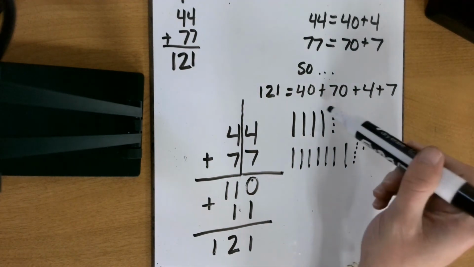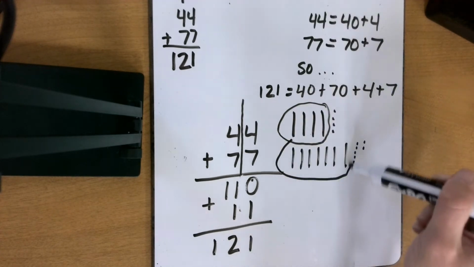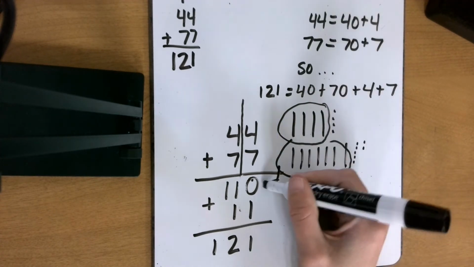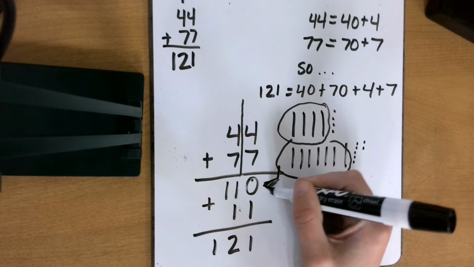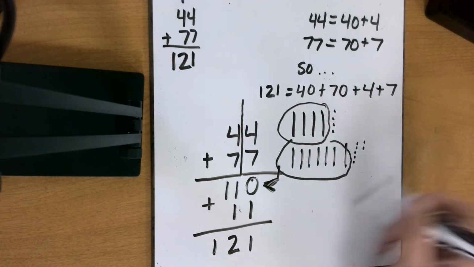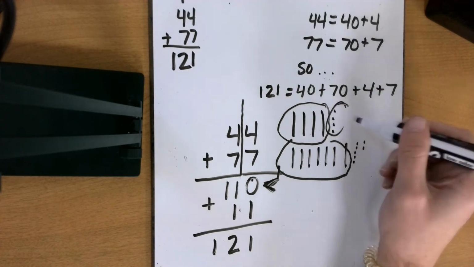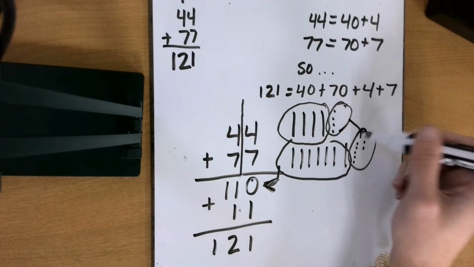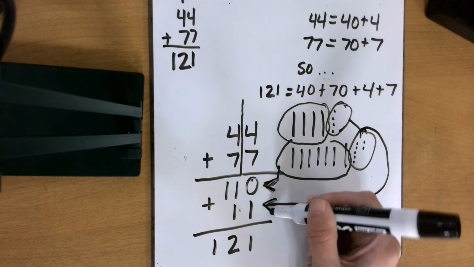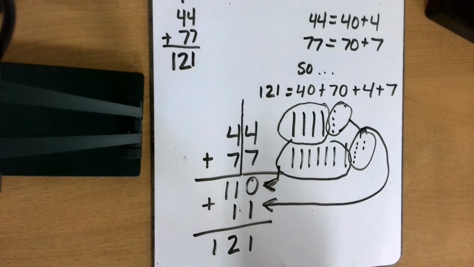First thing we did was we added our 40 plus our 70 to equal 110. Right? 70, 80, 90, 100, 110. And then we added our 4 ones and our 7 ones here. That equaled our 11. Added those two up for a total of 121.